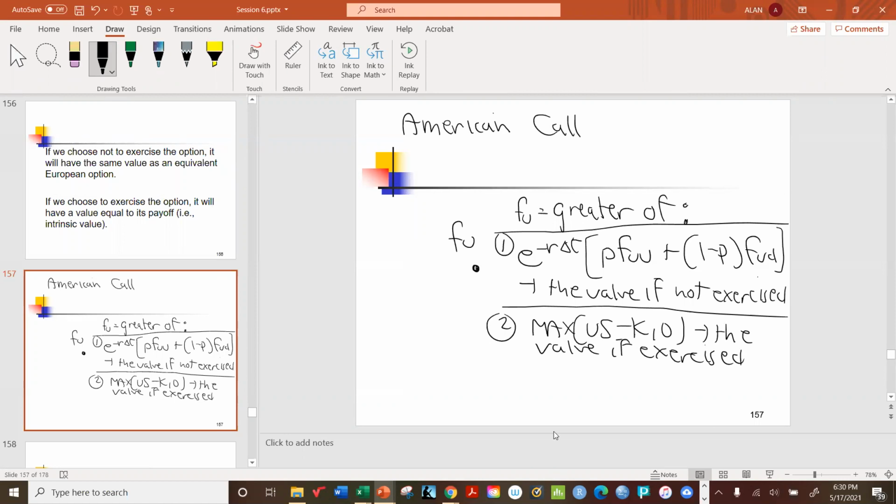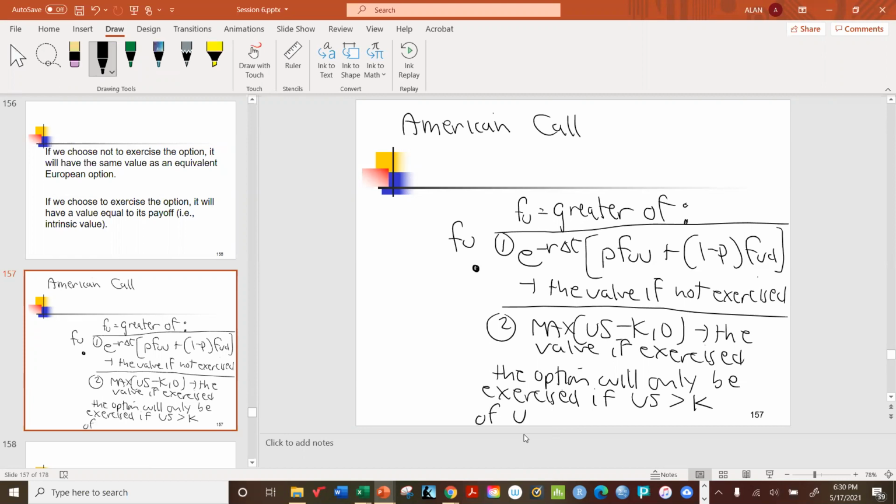Now, because we assume that investors are rational, the option will only be exercised if SU is greater than K. Or think of it as SU minus K is positive.